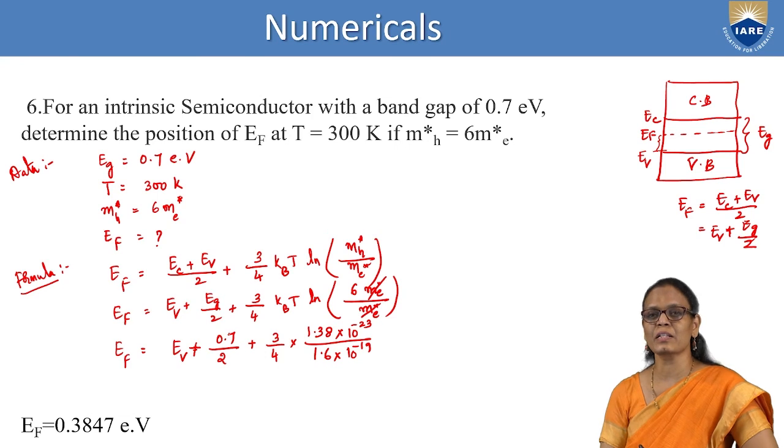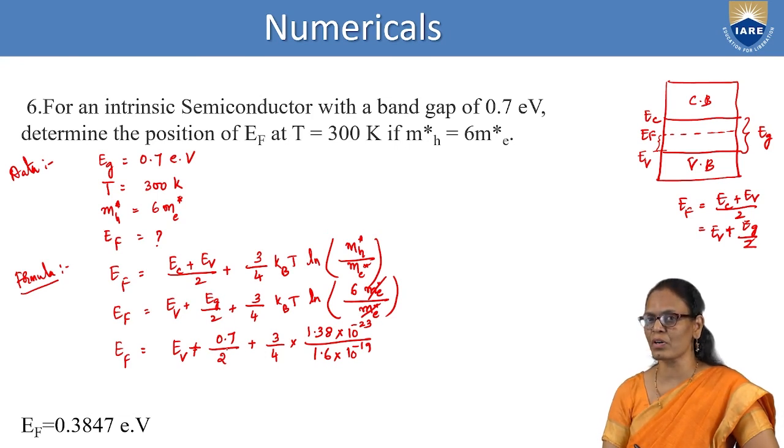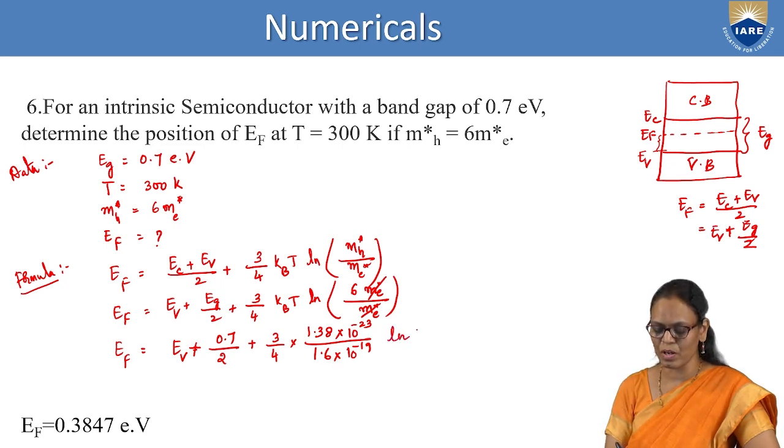Because we have taken the value of Eg in electron volt, we are converting this joules also into electron volt, into ln 6. So we will get EF is equal to EV plus 0.3847 electron volt.